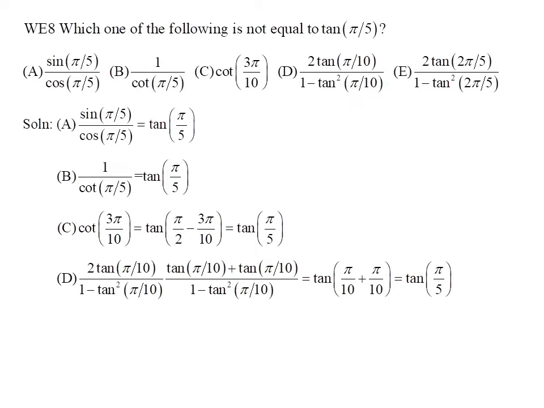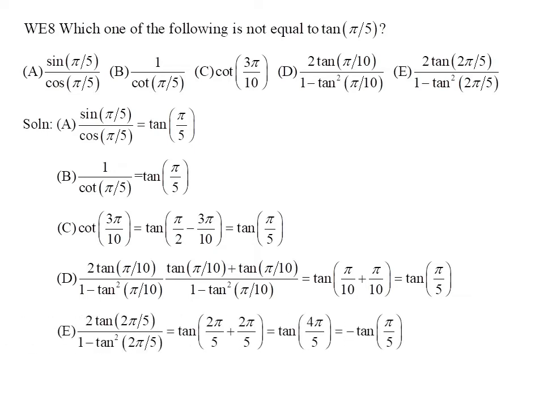As for expression D, since the expression equals the ratio of the sum of tangent pi over 10 plus tangent pi over 10 to the result of 1 minus tangent squared pi over 10, it can be simplified to tangent pi over 5, according to the tangent double angle formula.